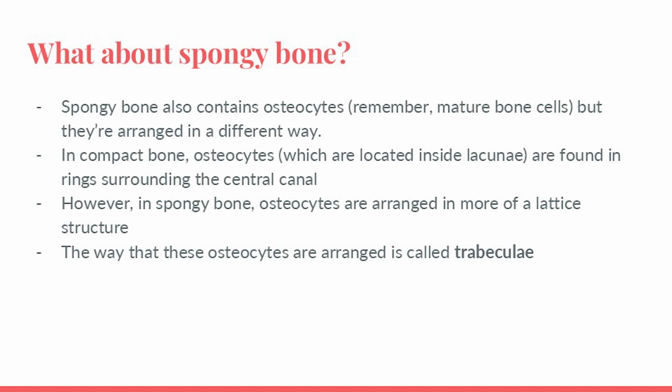However, in spongy bone, osteocytes are arranged in more of a lattice structure, which may appear more random and less uniform. However, it has a distinct method to it, and the way that these osteocytes are arranged in spongy bone is called trabeculae.